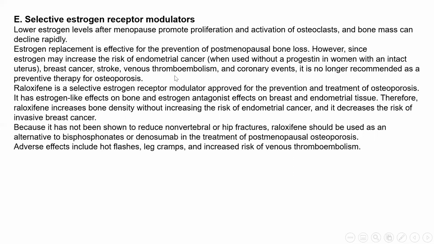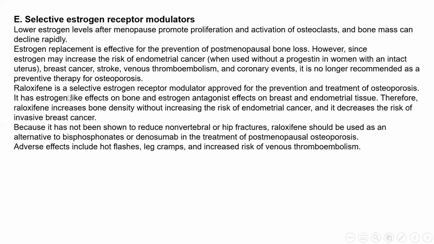But due to the adverse effects that are associated with estrogen, such as endometrial cancer, breast cancer, stroke, venous thromboembolism, and coronary events, these hugely affect the prescribing of estrogen as a replacement therapy. Now there is a new concept for using the theory of estrogen for osteoporosis, by using raloxifene.